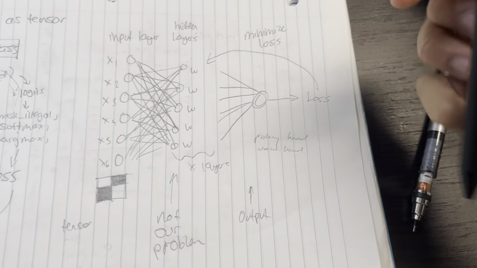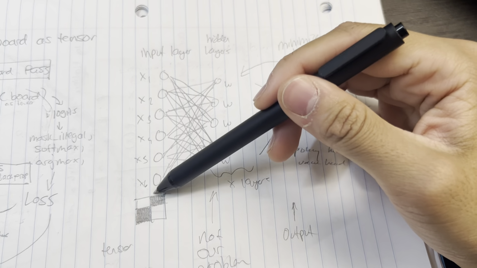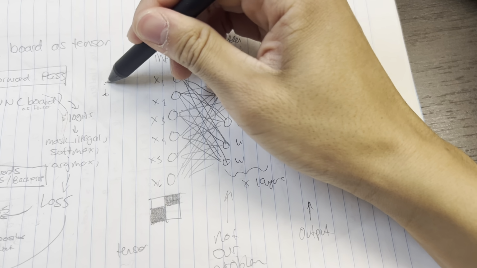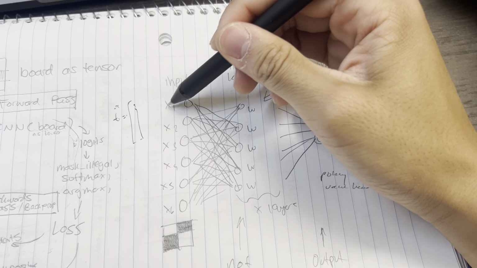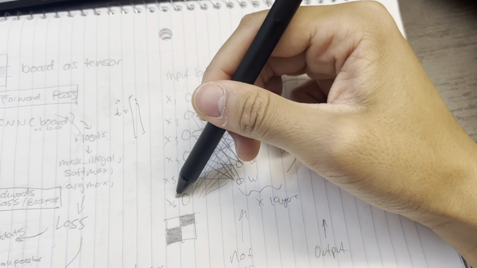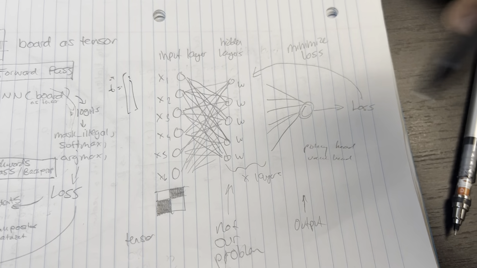Now this is the more common way of representing a neural network. So here is our input layer. This is our tensor, which is flattened to be like x1, x2, x3, x4, x5, dot dot dot, x like 800, whatever. And there's a bunch of layers in between.